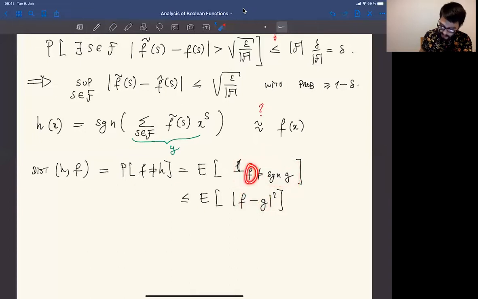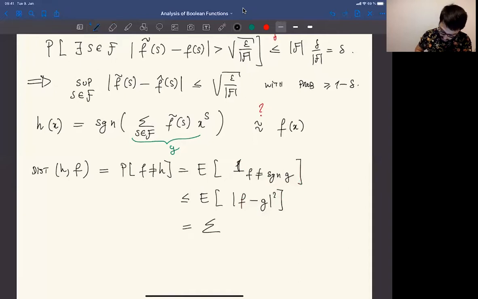And if this is minus 1 and this is positive, this would be negative, and you're subtracting something, so this would be less than minus 1. So the square would be bigger than 1, again bigger than this value. So then you have this inequality pointwise, and so the expectation of one is less or equal to the expectation of the other. But this, again, is just the L2 norm.